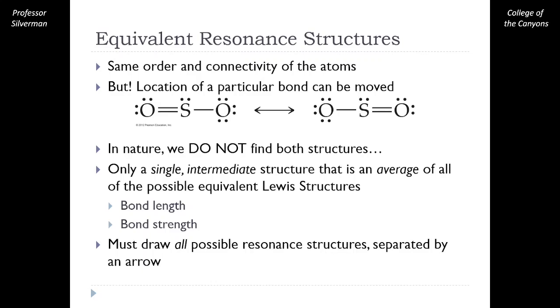What we see in real life, if you have multiple good Lewis structures, is something that is in between those two drawings, or in between those 3 or 4 drawings. The fun analogy that we can use is to think about a rhinoceros.